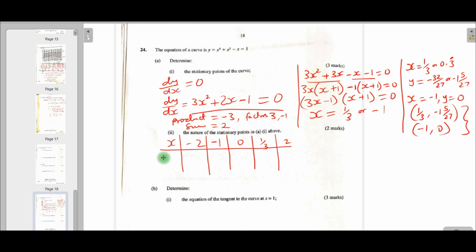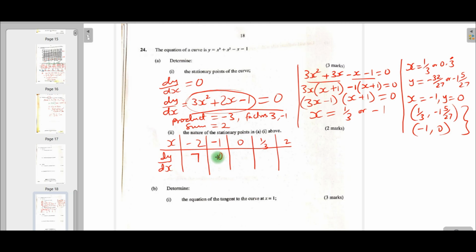Then dy, what is the gradient function at that particular point? So the gradient function, so for the first one, substitute into this, then when x is -2, the gradient function is 7. Then when x is -1, the gradient function is 0.